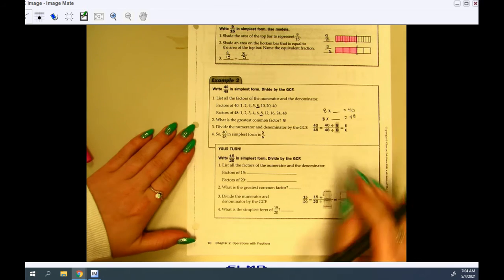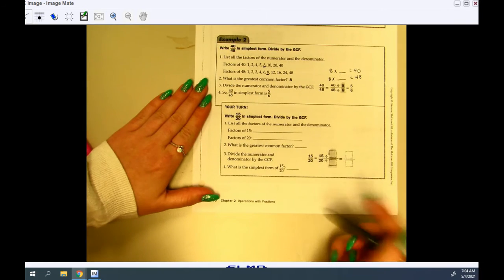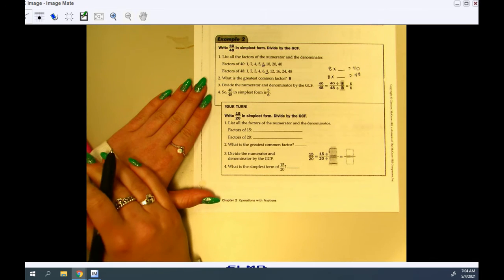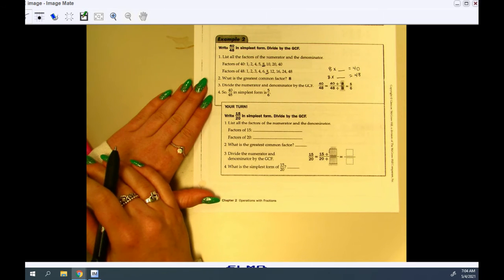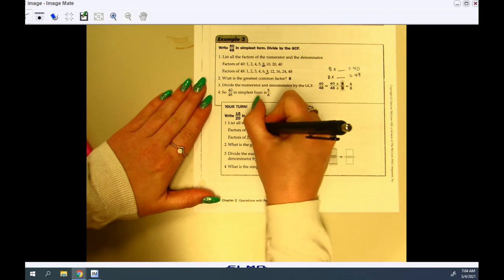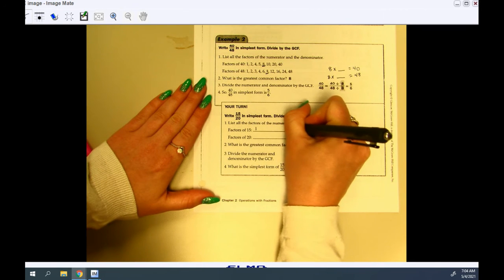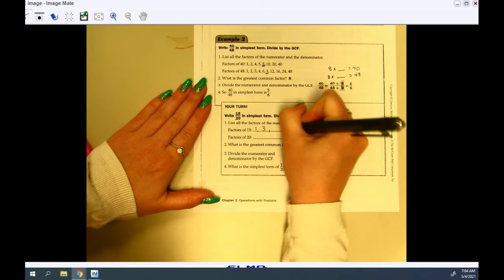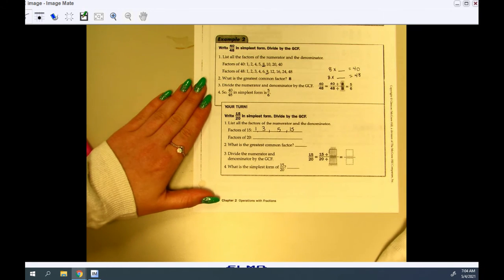So now, let's do this for here. We have to put 15/20 in the simplest form. So I'm going to first list all of my factors. For 15 we have 1 and 15, and then the next set of numbers is 3 and 5. Those are all the numbers that can be multiplied to equal 15.